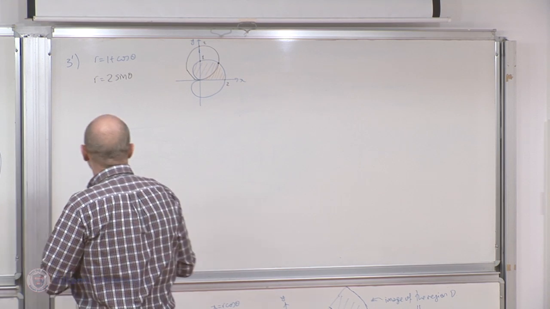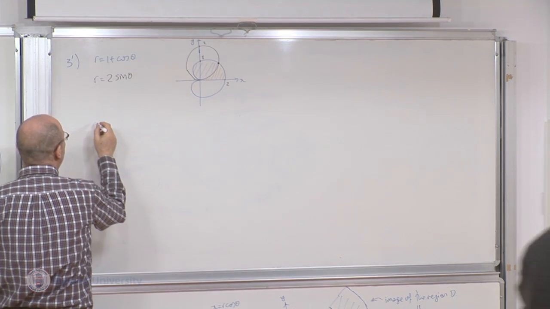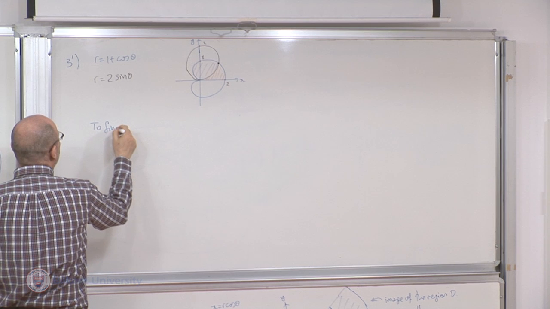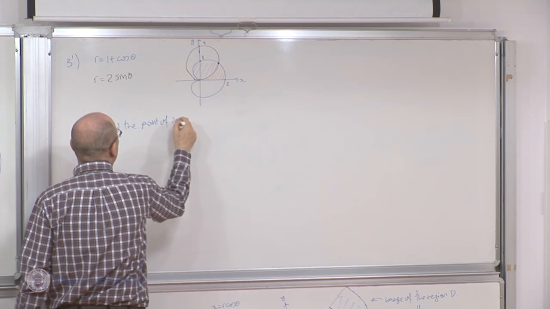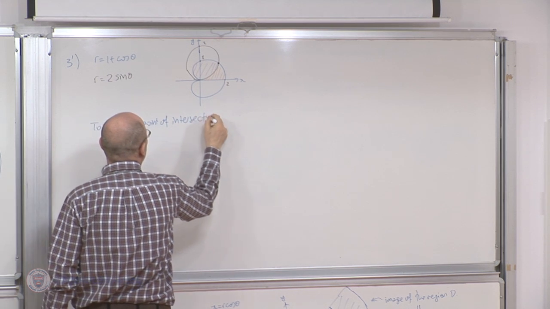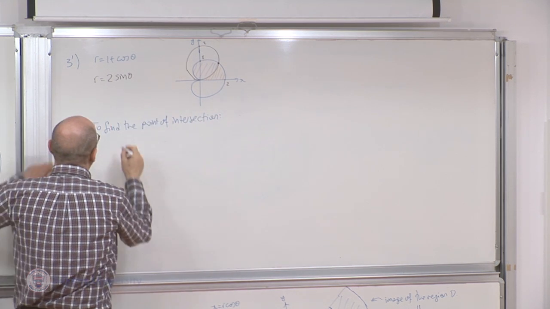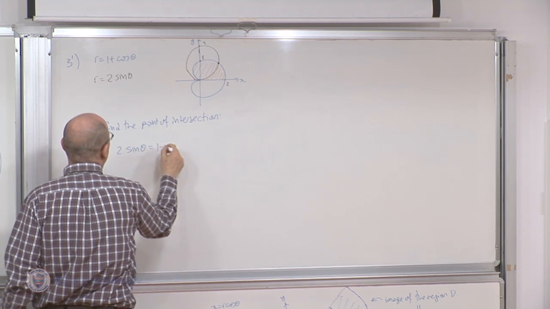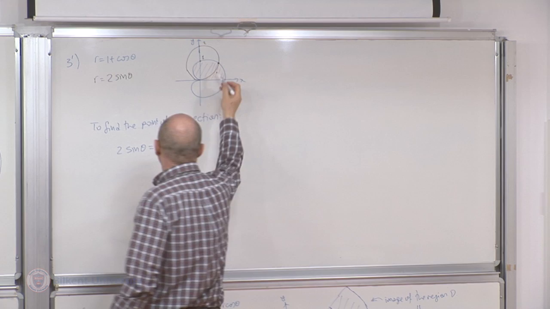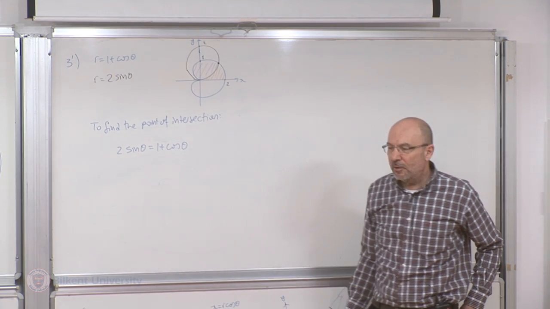these two curves intersect. To find the point of intersection, I have 2 sine theta must be equal to 1 plus cosine theta at this point.